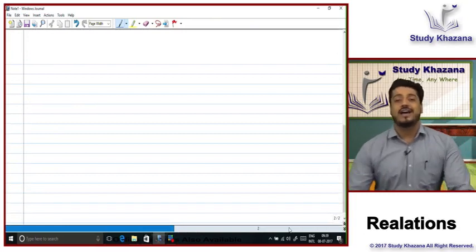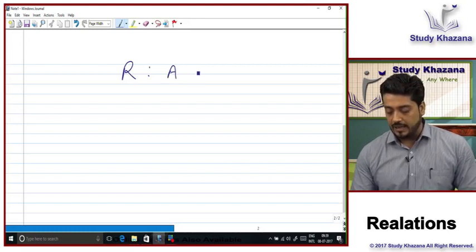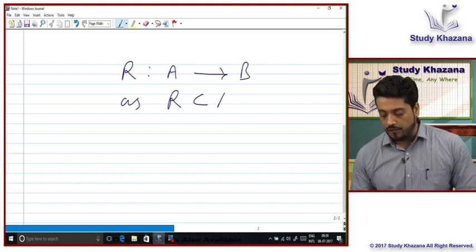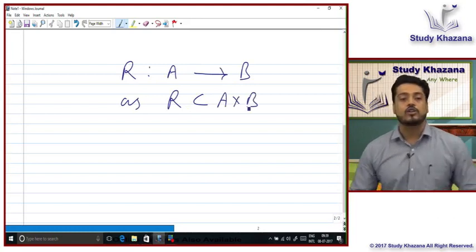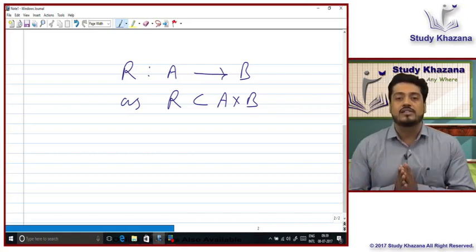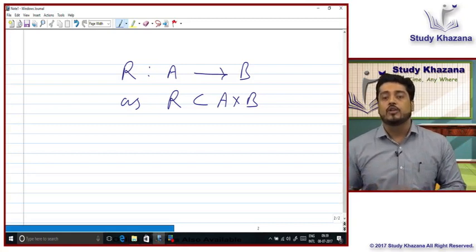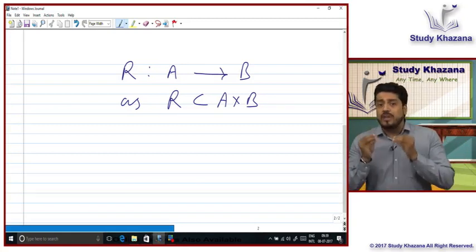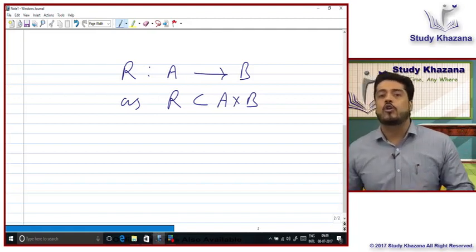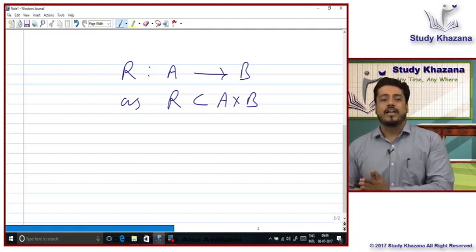Then we define a relation R from set A to set B as a subset of the Cartesian product A cross B. That is, whenever two non-empty sets A and B are given to us and we are asked to define a relation from A to B, what do we have to do? We just have to make sure that the elements of R ultimately belong to A cross B. That is, whatever is available in R has to be a part of A cross B.